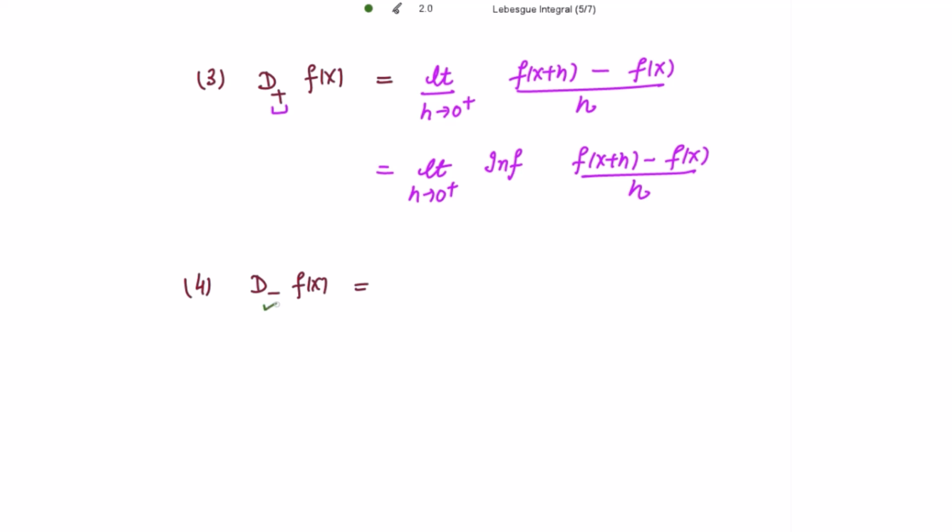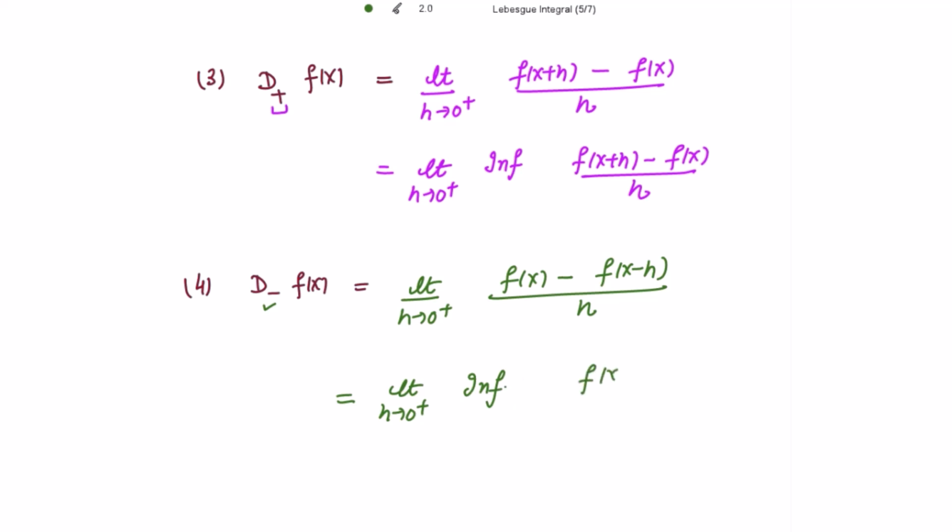Then if we have the negative sign at the bottom, which means we are taking the limit inferior, h tending to 0 positive, (f(x) minus f(x minus h)) divided by h, and further it can be written as limit h tending to 0 positive, taking the infimum of (f(x) minus f(x minus h)) divided by h.